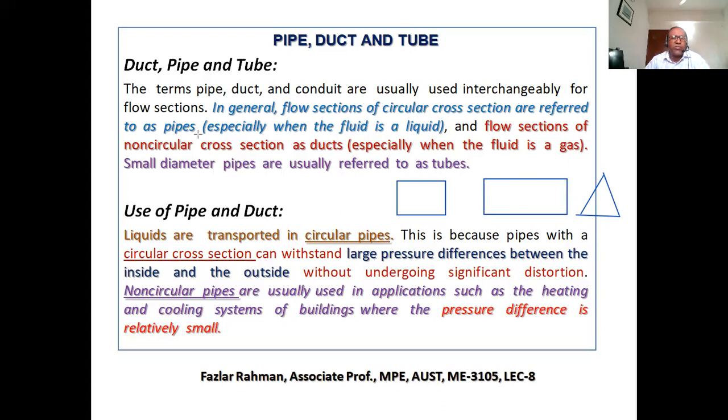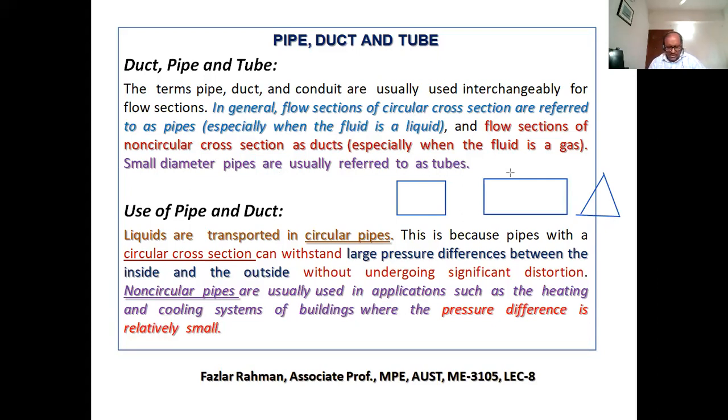If the flow section is non-circular, then it is called duct. And in the duct, normally you will see low pressure air or gases flowing. And smaller diameter pipe is referred to as tube.